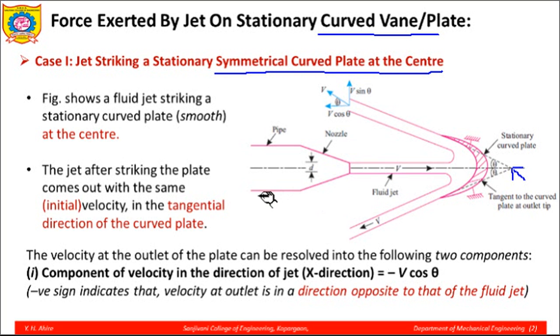Now, as usual, this is a pipe with a nozzle that produces a high kinetic energy liquid jet with a velocity capital V, and the jet is made to strike the center of this curved symmetrical plate, which is stationary. It is a stationary case.